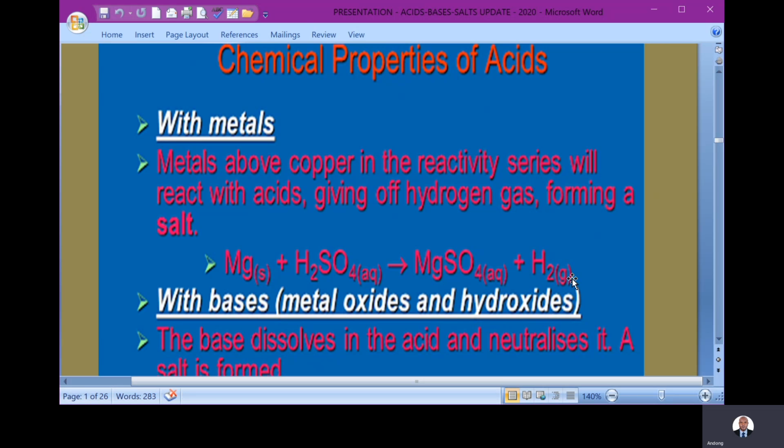So salts are compounds formed when hydrogen in the acid is replaced by a metal. In other words, we say the acid provides the non-metal ion, while the alkali or the base will provide the metal ion, and that forms the salt.